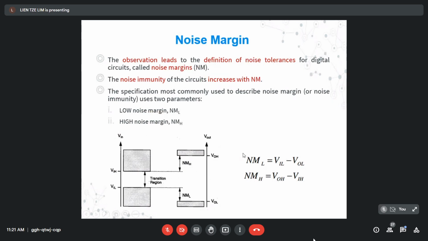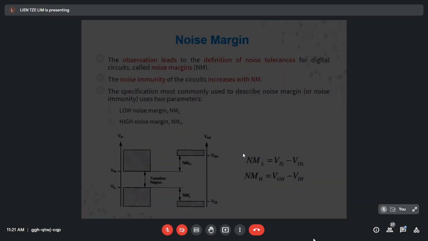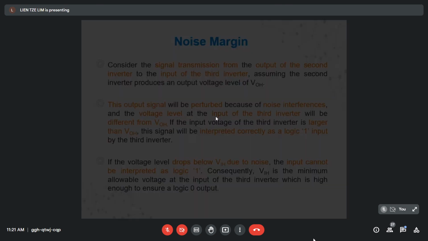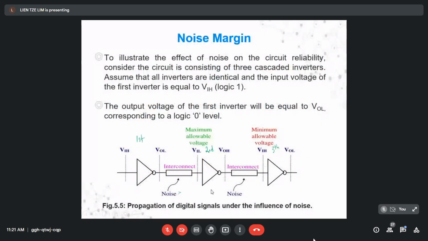Okay, so the slides here mention the voltage level at each of the inverters. I will refer back to this figure 5.5. You can read back and refer to this figure 5.5.